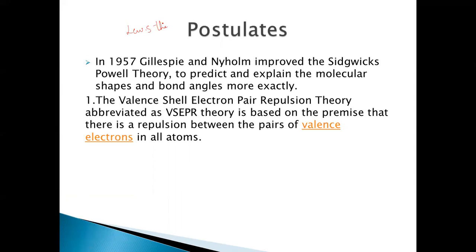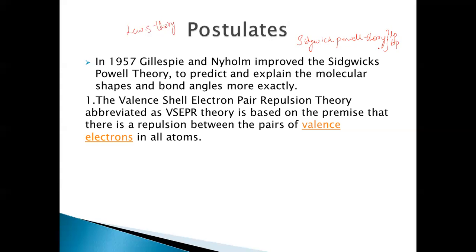The main one was the Sidgwick-Powell theory, which says that the shape of molecules can be predicted depending upon the number of valence electrons, that means both lone pairs and bond pairs of electrons. Both lone pairs and bond pairs of electrons in this theory were considered to be equivalent.